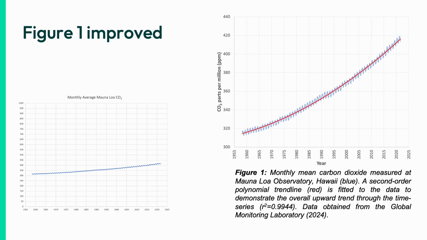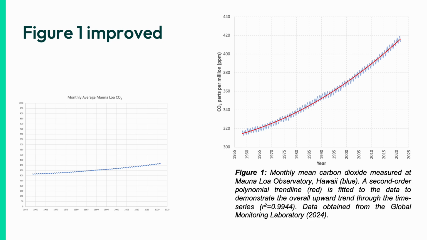We've shown that we're looking at carbon dioxide measurements. They're highlighted in blue, and we've included that in the figure caption to really direct the reader. And then we've talked about the polynomial trend line that's been applied, and in brackets we've got that in red. So again, we're making it really easy for the reader to understand the data we're showing.